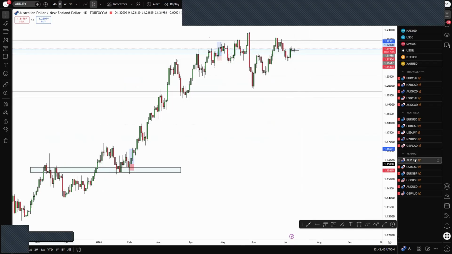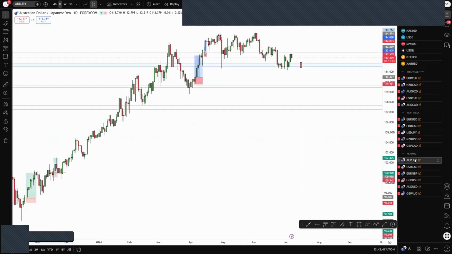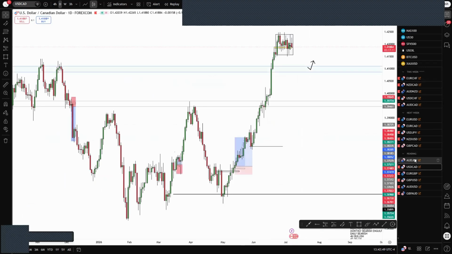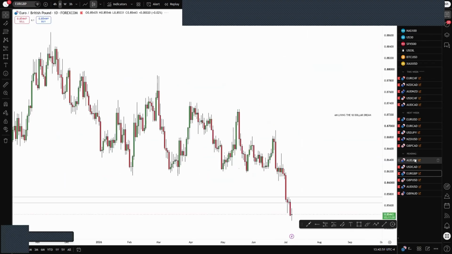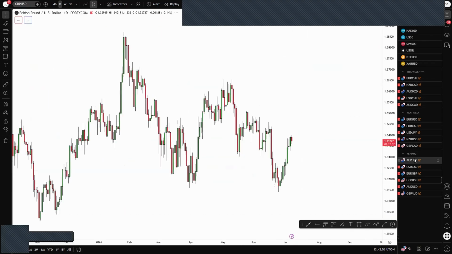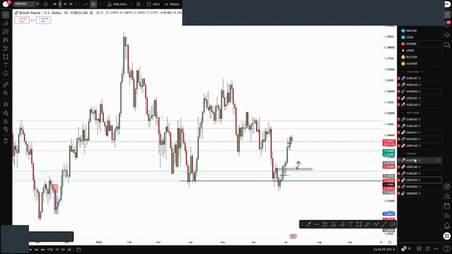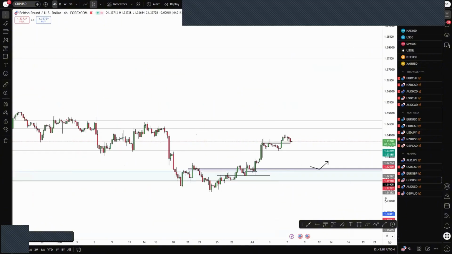Then most of these pending pairs, I don't have anything yet. GBPUSD, nothing yet. Just a bit of slowdown after this one much bullish buy.